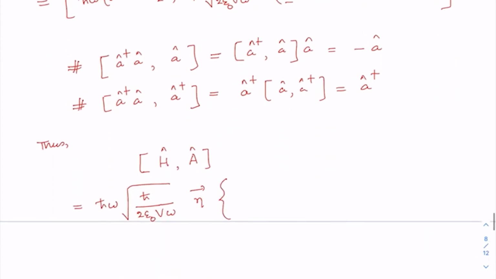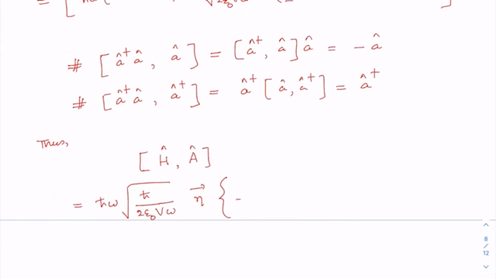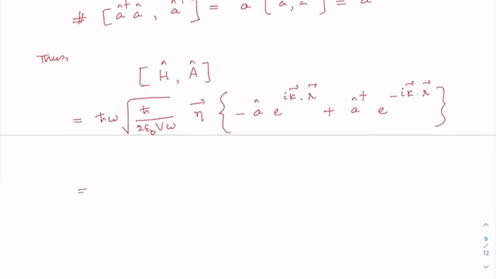Then you will see that I will get minus a e^(i k·r) from the first term, and from the second one I will get a† e^(−i k·r).